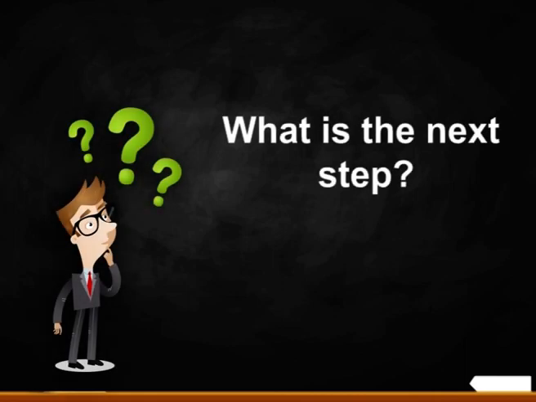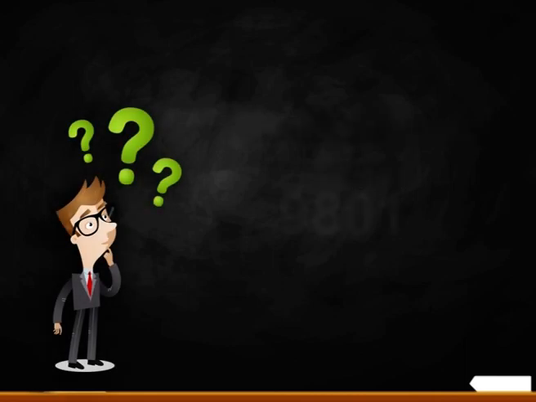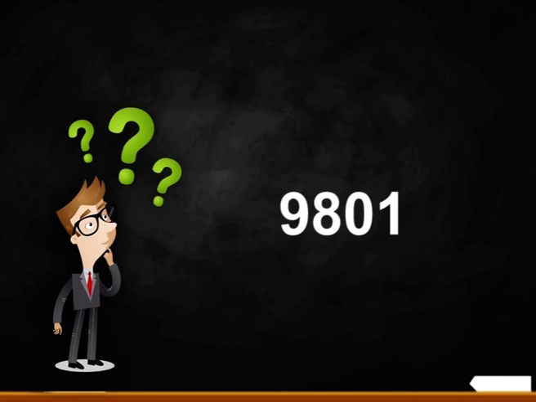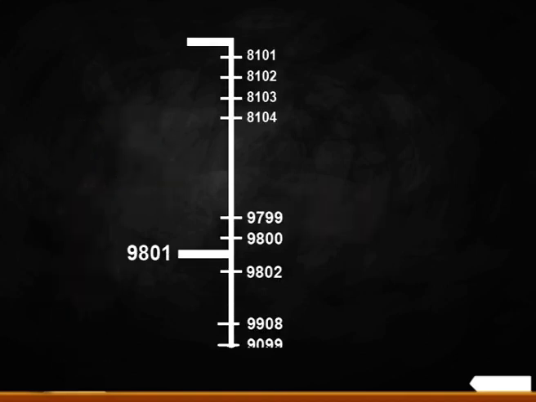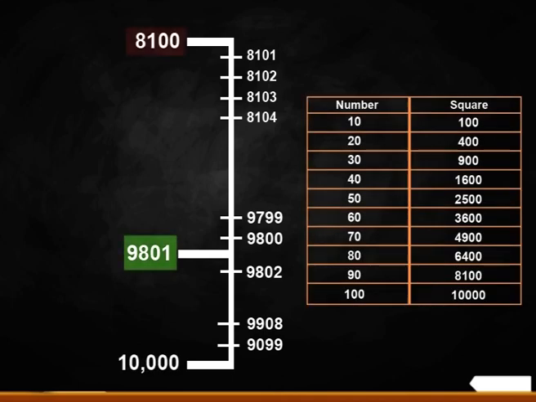What is the next step? For the next step, let us find out where the number 9801 lies. Look at the table. From this table, we observe that the number 9801 lies between 8100, which is square of 90, and 10,000, which is square of 100.